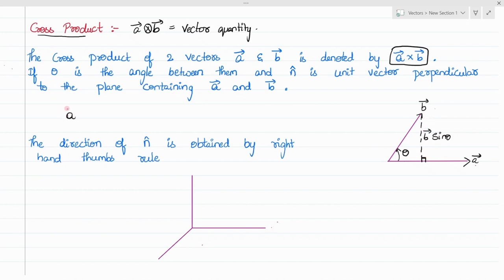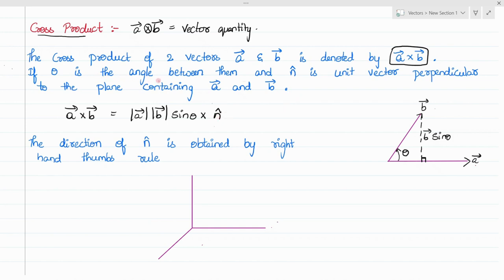Now, here A cross B will be the magnitude of A multiplied with the magnitude of B into sine theta and into n cap, where n cap is nothing but the direction.